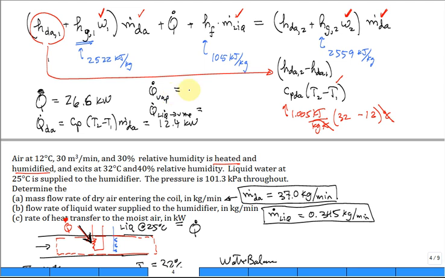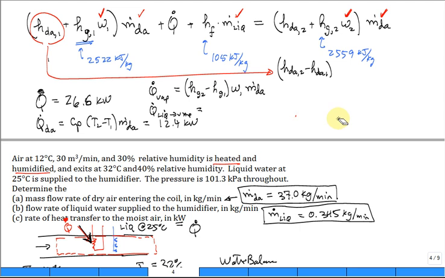That's going to be the h_g exiting minus h_g inlet times omega 1 times m dot dry air. See, it's like I brought in some water vapor, and just like the dry air, I just heated it up. Great. So I'm going to erase a little bit here, I'm running out of room.